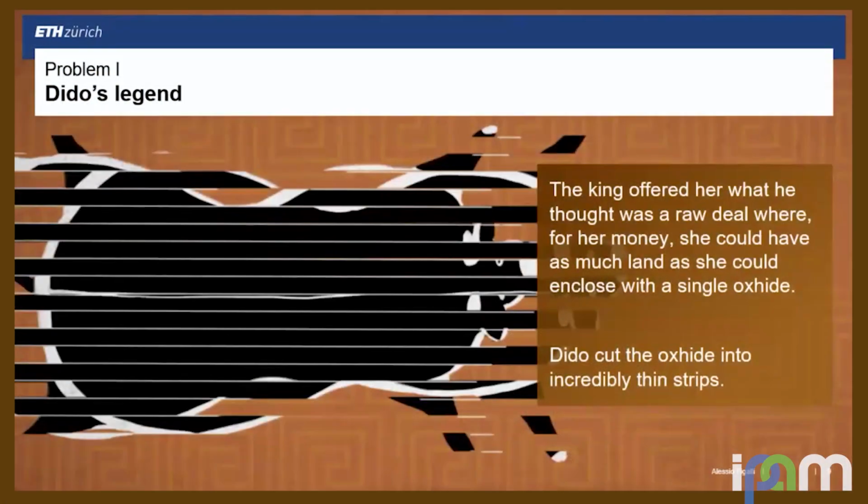And then what she did was cut the ox hide into very thin strips. So you see that the deal was very clear: as much land as you can enclose in a single ox hide. But then Dido took it to the letter. She cut the ox hide, she made very thin strips, and then she sewed them together to make a very, very long cord.